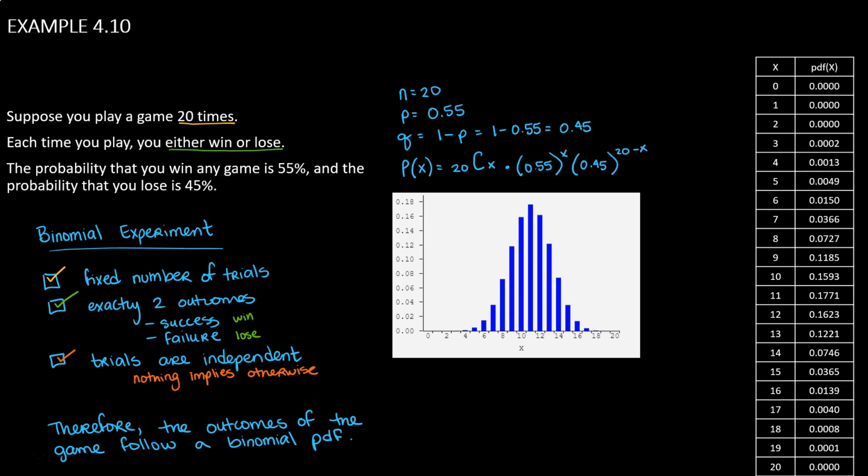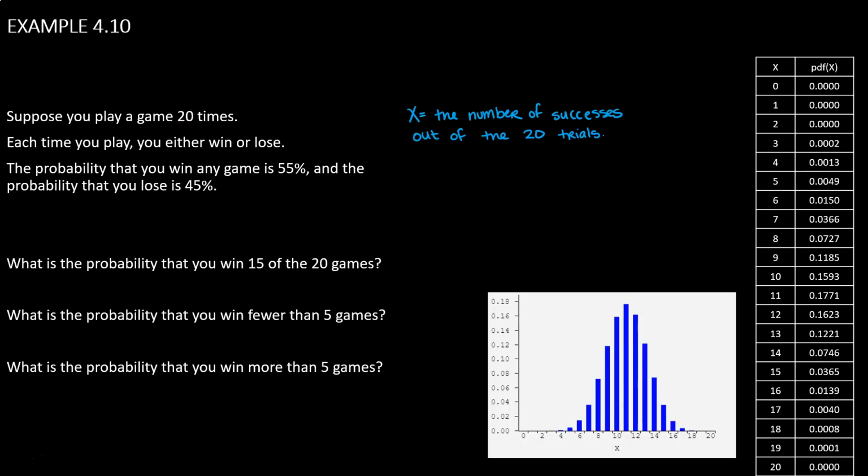With a binomial experiment, we can use a random variable that represents the number of successes out of a certain number of trials. So if we let our random variable, x, be the number of successes out of the 20 trials, we can answer questions like, what's the probability that you win 15 of the 20 games?